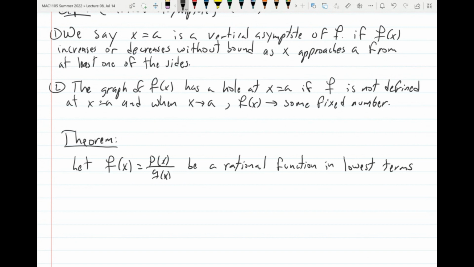It means that p and q have no common factors. Okay, so you simplify as much as you can. If they have something in common, you need to simplify first. So let f be p over q be a rational function in lowest terms. So i.e. p and q have no common factors.